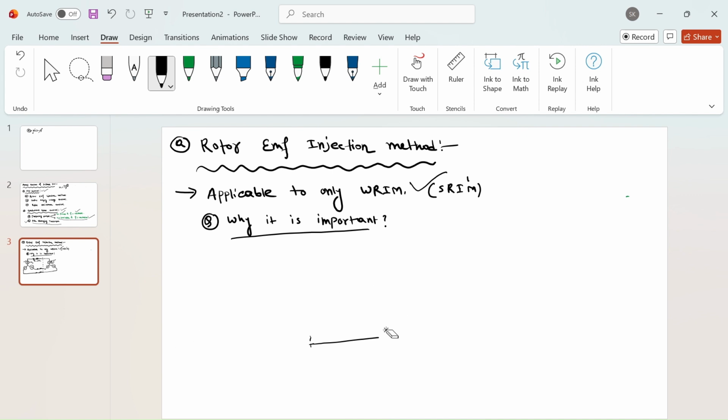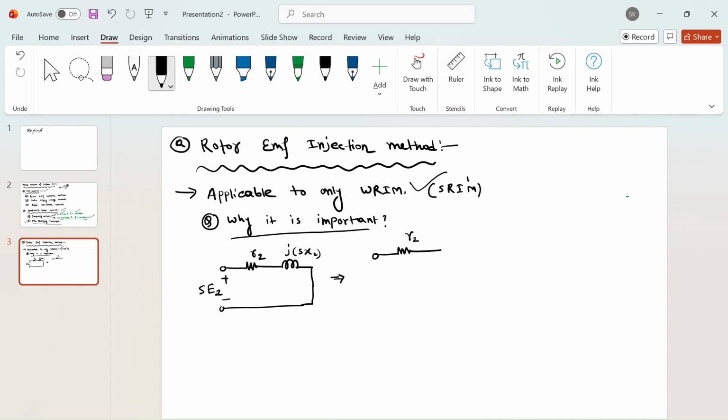Now before I proceed, there are a few more things that I need to discuss here. Let's say you have the rotor circuit. Here you have the rotor induced EMF SE2, R2, jSX2. Now I want to transform this entire circuit to the stator side. So I'm assuming equal turns ratio, so I'm not even considering any turns ratio effect, but let's say it is R2 only.